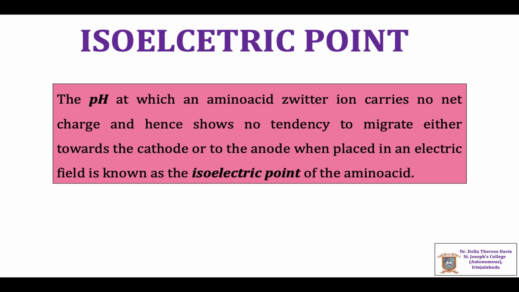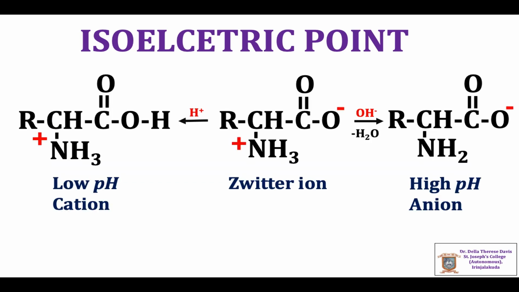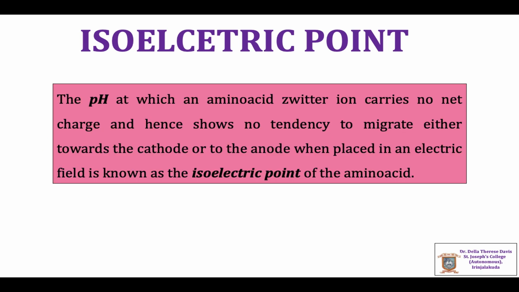At a particular pH, the amino acid will exist as the zwitter ion with no net charge and hence, when placed in an electric field at this pH, the amino acid will not migrate to either electrode. This particular value of pH is known as the isoelectric point of the amino acid.